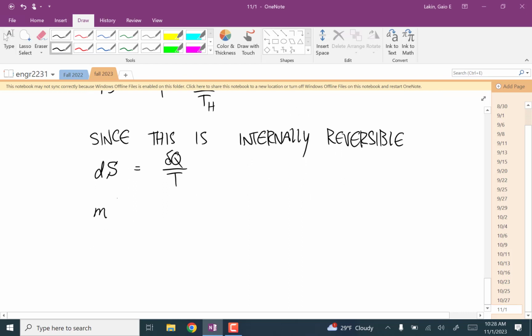And so we can write this as m ds and then T ds. Do the algebra here, and you get T ds is equal to dq over m.